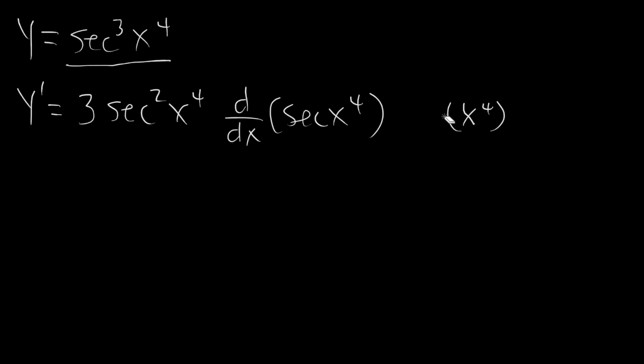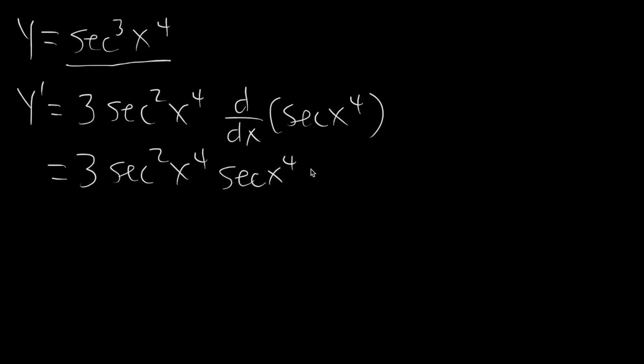So let me do this step by step. This is going to be equal to 3 secant squared x to the 4th power, and then the derivative of secant of x to the 4th power is secant x to the 4th power times tangent x to the 4th power, and then take the derivative of x to the 4th power.